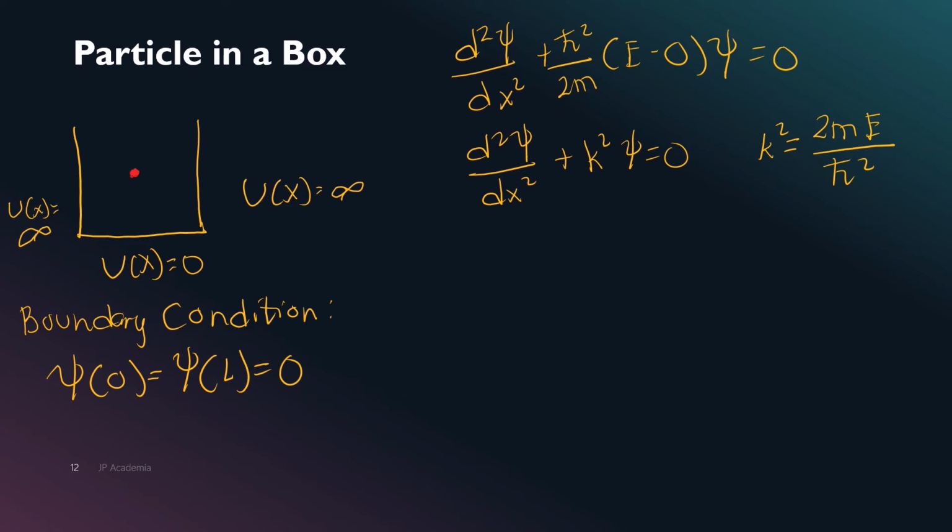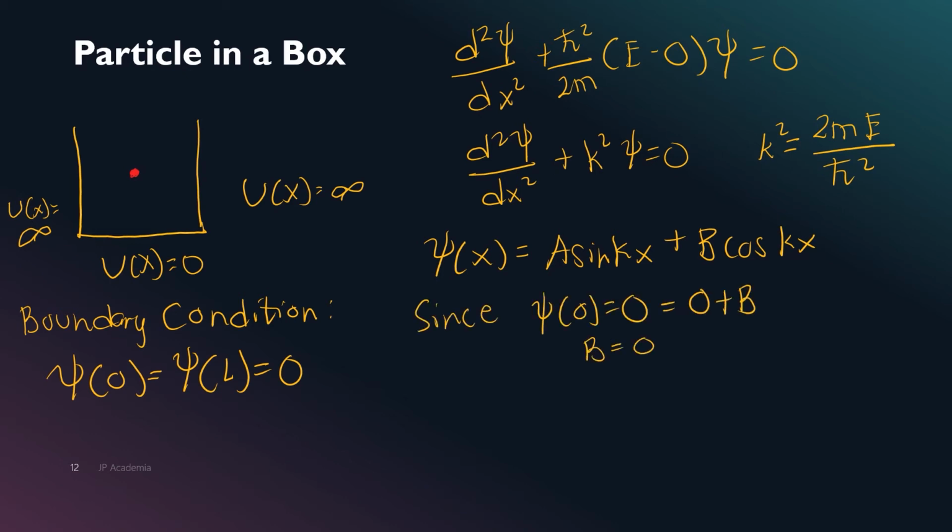The solution of this differential equation is given by the boundary condition. And this is the general solution for this differential equation. Following our boundary conditions, we can get that the constant B here is equal to 0.